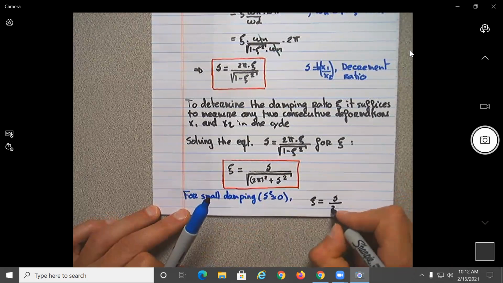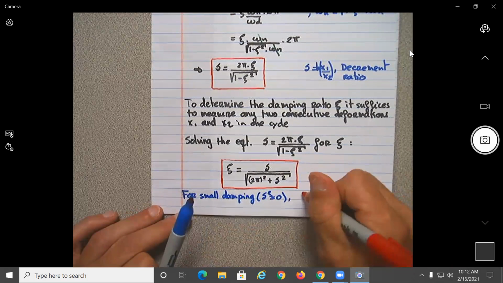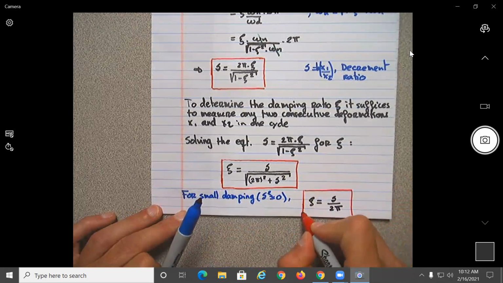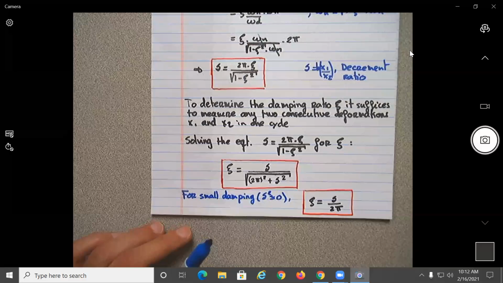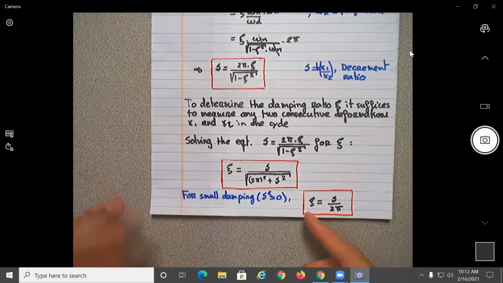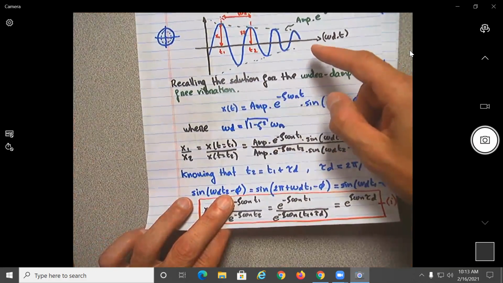And the damping is small because if it's large, the response is going to go very quickly to zero.